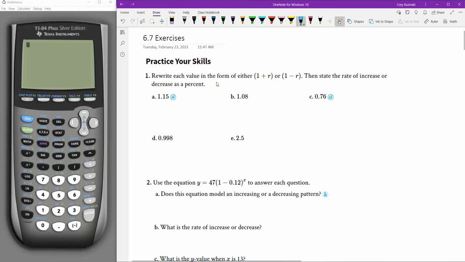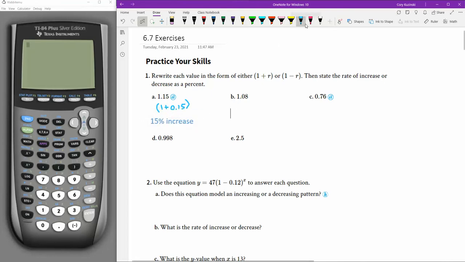Rewrite each value in the form of either 1 plus r or 1 minus r, then state the rate of increase or decrease. So this 1.15 is 1 plus the 0.15. So that would be a 15% increase from the original amount.